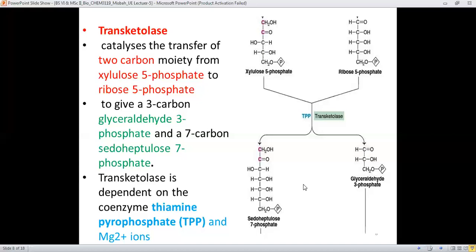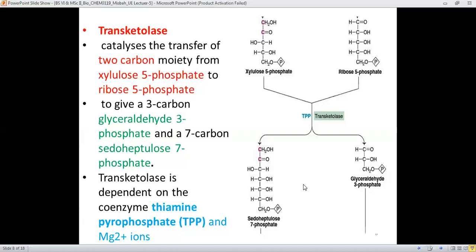This function is carried out by the transketolase enzyme, and this enzyme is dependent for its activity on thiamine pyrophosphate and on magnesium ion as well. Later on, you will see the structure of thiamine pyrophosphate.